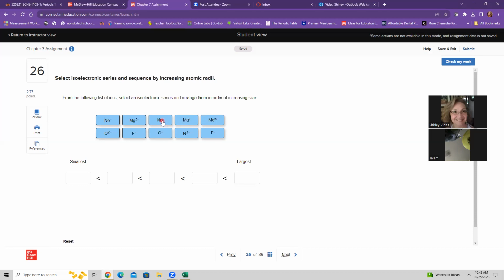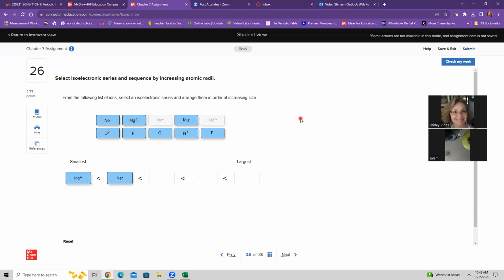This does. Okay, so magnesium and sodium. Magnesium is going to be here. There's no magnesium negative. They have to be isoelectronic, which means the same number of electrons, right? So sodium has 10, magnesium has 10.